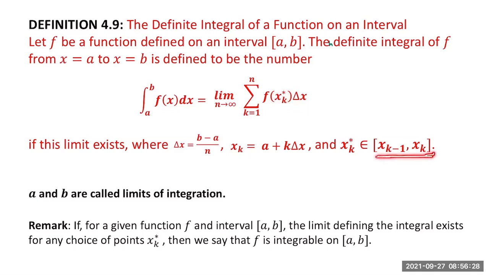Then that is the Riemann sum, and you take the limit as n goes to infinity. You take the limit of this expression as n goes to infinity to find the definite integral from a to b. If your function is a positive function, this limit gives you the area under the curve between a and b.